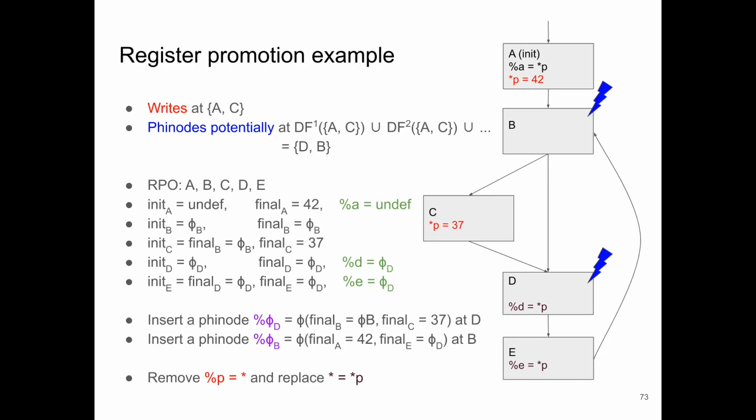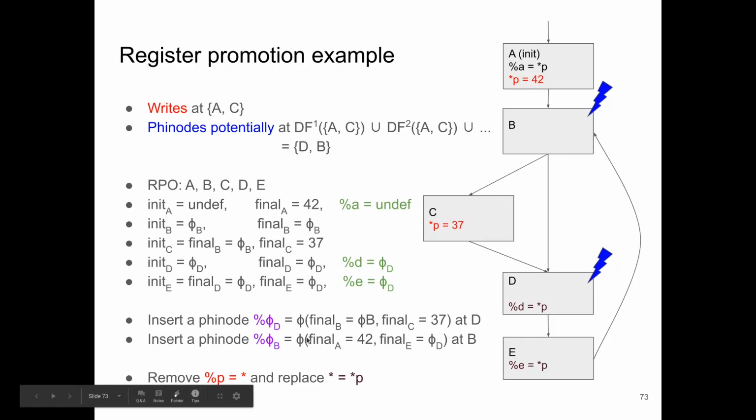Now, in turn, we are observing that the phi node value inserted at B is used in this instruction. This phi node instruction will be inserted, and it requires the phi node value of B. And as a result, we are going to insert a phi node to block B as well. And similarly, it's defined like this.